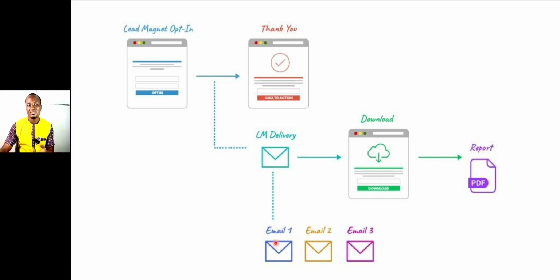So as it is delivering that, which can mostly be PDF reports, at the same time it is subscribing them to your email list, for which you have already set up an automation that will send them emails after the delivery email. It keeps on sending them emails related to what they requested.